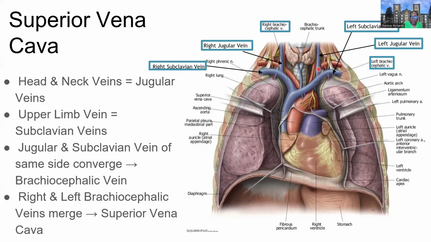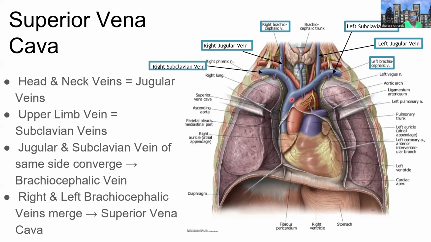Now, together, those join to form the brachiocephalic veins. So the internal jugular and the subclavian merge to make the brachiocephalic. So here's the right brachiocephalic, and the left brachiocephalic on the left side. Now, the left brachiocephalic is much longer because it has to cross the midline, right?